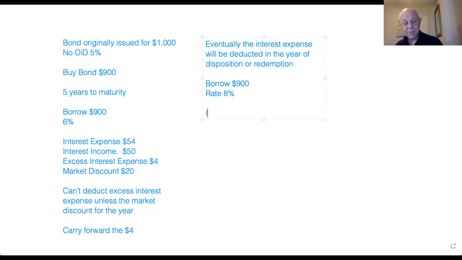So our interest expense is $72. Our interest income on the bond, on the coupon, was $50.